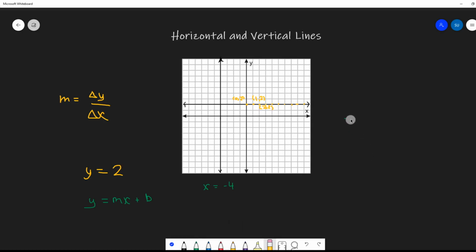Therefore we can't really do this equation and alter it to get x equals -4, because the slope is undefined. So in order to write an equation for a vertical line, you just look at the coordinate that it occupies, which is in this case -4, and after doing that, you can then write that coordinate in place. So x equals -4. If the vertical line were to be at x equals 1, then you put x equals 1.